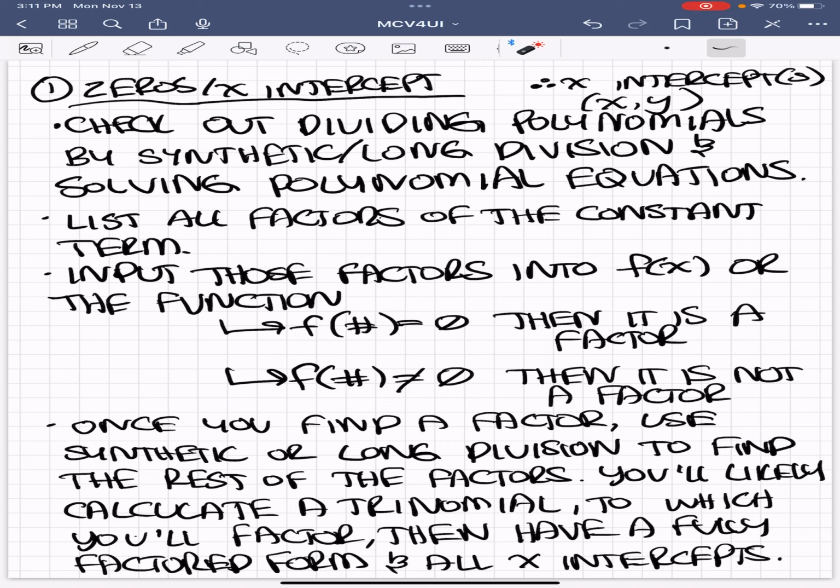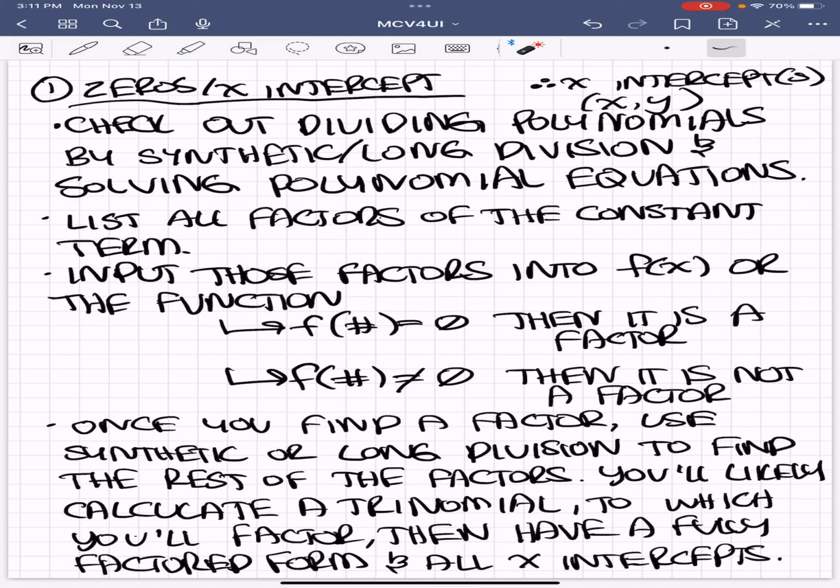We put those factors into f of x, or the function, and if the factor that we input into the function equals 0, then it is a factor, and if it does not equal 0, then it is not a factor. Once you find a factor, use synthetic or long division to find the rest of the factors.